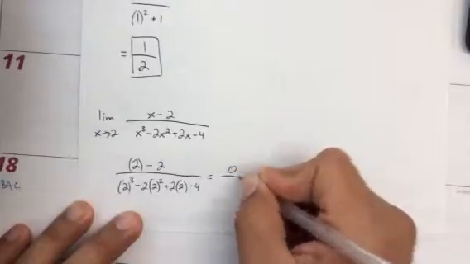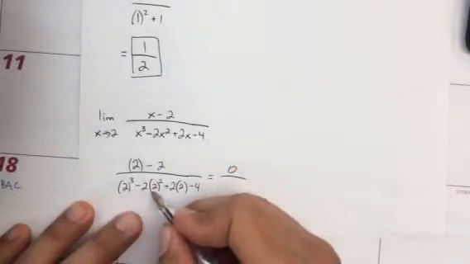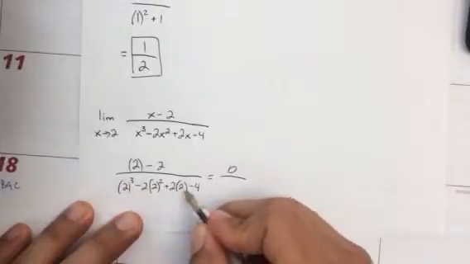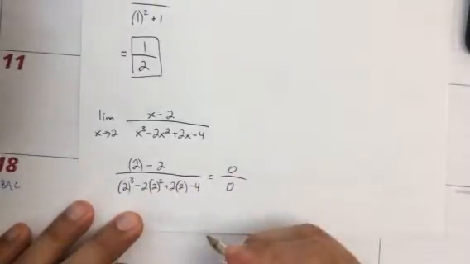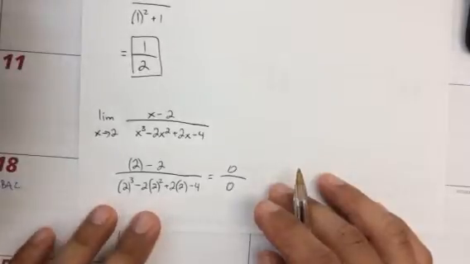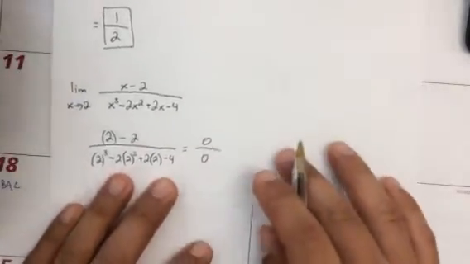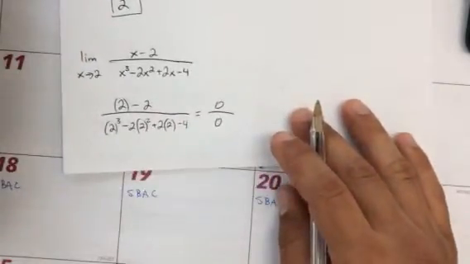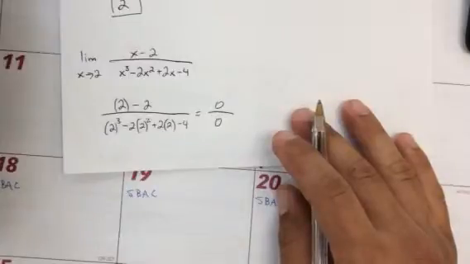Up here we get 0, down here we get 8. 2 squared is 4 times that minus 8, so it's 8 minus 8, that's 0. 4 minus 4, that's 0, so it's 0 over 0. So now we see that we can't use direct substitution. So let's go ahead and use the dividing out technique.